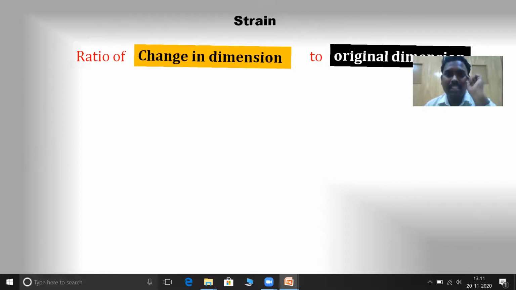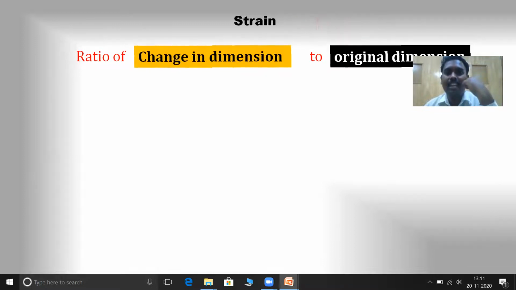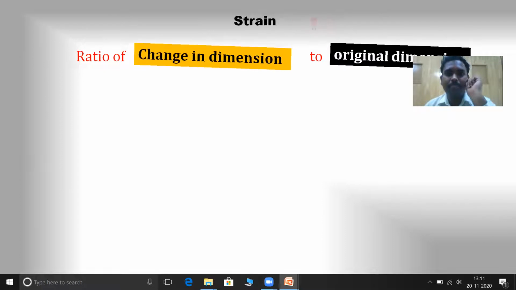Earlier, it was 10 centimeter. Now, after applying a tensile load, the final length was 15 centimeter. So that 15 centimeter is called the final dimension.